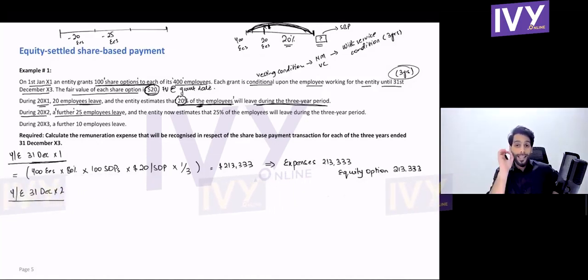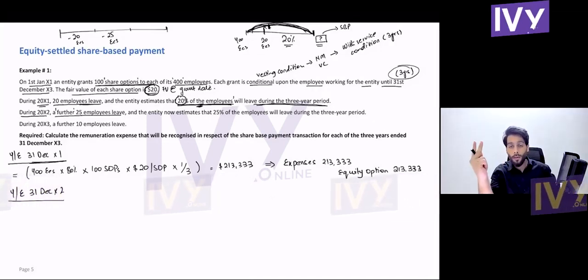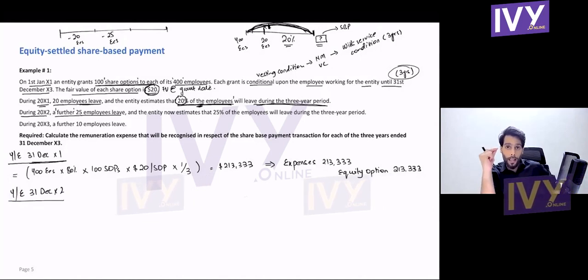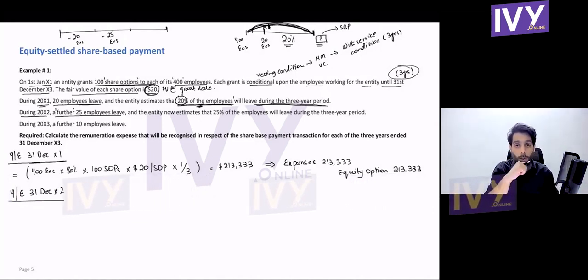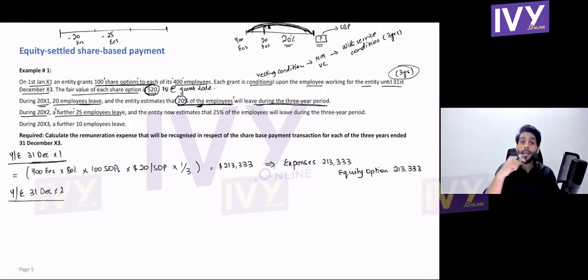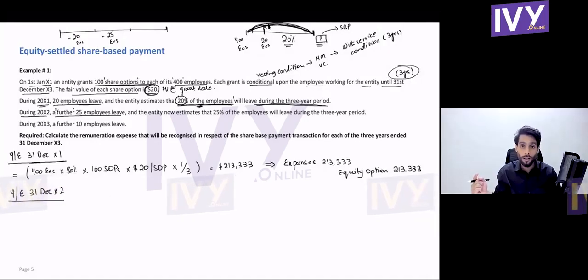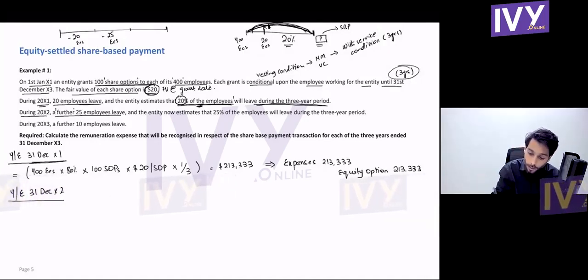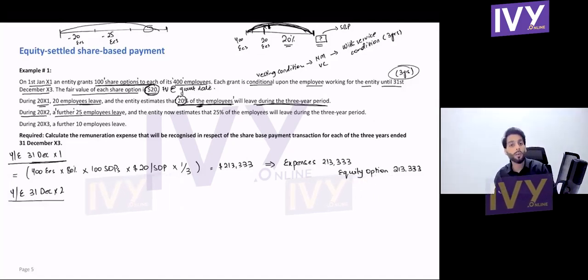So we have an actual assessment of 2 years. 20 employees and 25 employees, actual assessment is there for 2 years. But you remember what IFRS 2 just told you? Make an assessment for the whole vesting period. So we need to consider the impact of this third year as well. In other words, we need to consider the whole 3-year period.